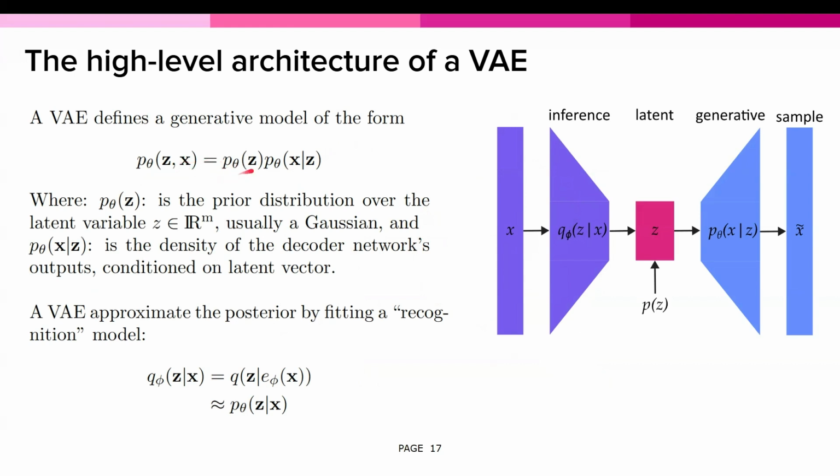There's the prior distribution over z, which tells the model how z is expected to behave, and the likelihood of observed data x given z, which describes how the data is generated from the latent variables. It's this prior over z that is usually set to be a standard normal Gaussian distribution with zero mean and isotropic unit variance.